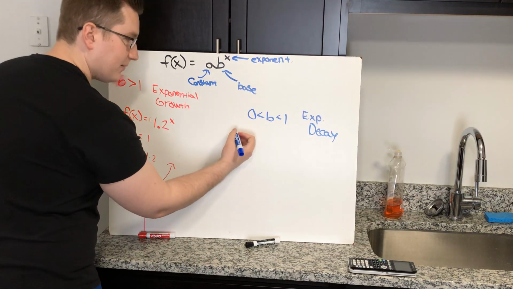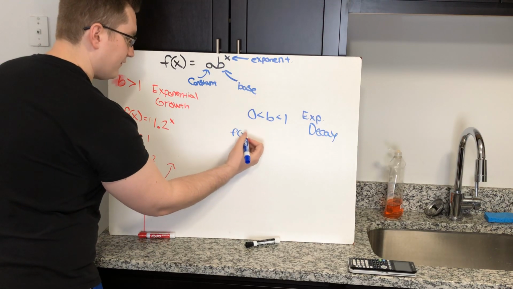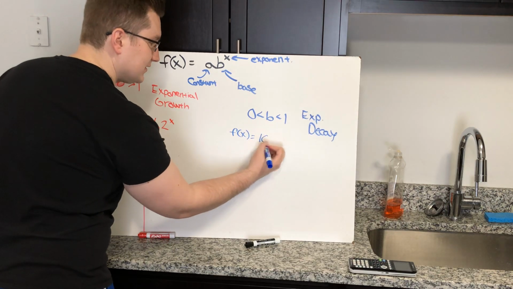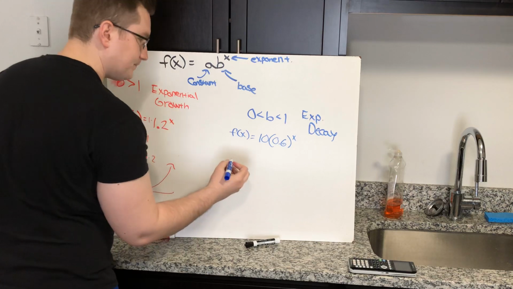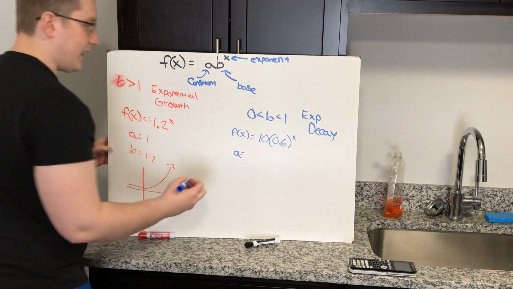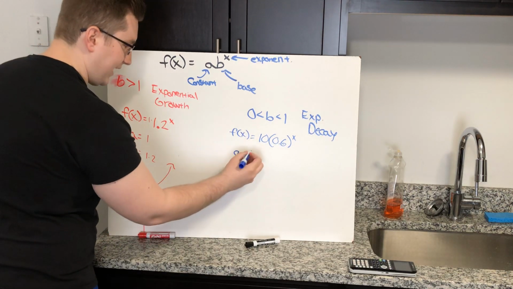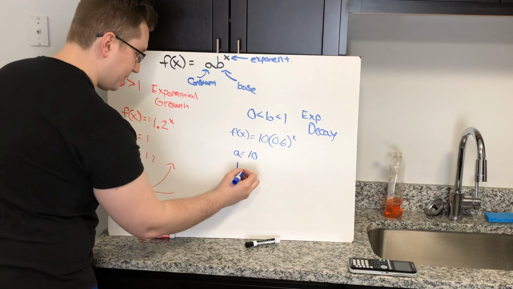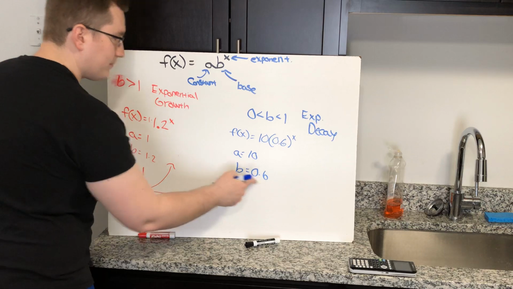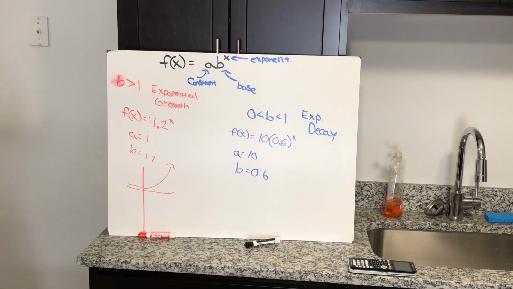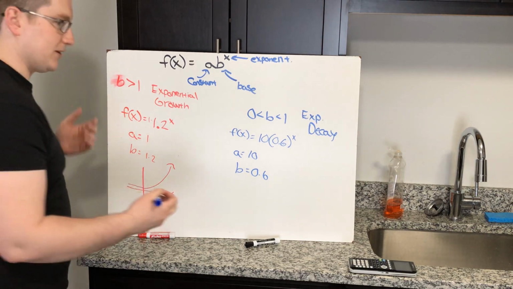For an example, if I have f of x equals 10 times 0.6 to the x, I know that a is this first thing, it's 10. B is whatever's being raised by the exponent, so b is 0.6. This base is between 0 and 1, so it has to be exponential decay.